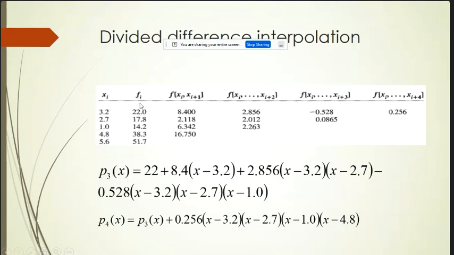And we can use this value, the first value of the second column, 22 plus 8.4 multiplied by x minus 3.2, plus the first value in the fourth column multiplied by x minus 3.2 as the last term, also with the x minus 2.7, plus this value, minus 0.528 at this parenthesis.